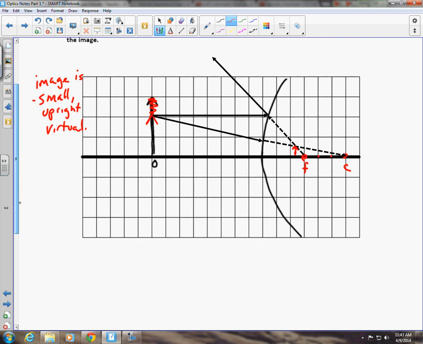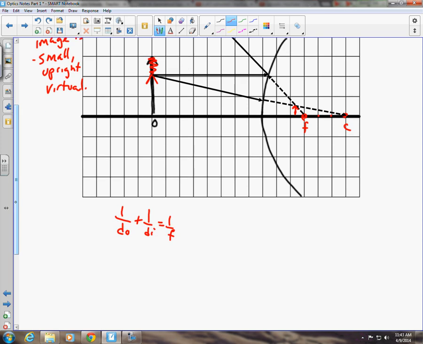For the math, 1 over DO plus 1 over DI equals 1 over F. 1 over 8 plus 1 over DI equals 1 over F, and remember it's -3 for the focus because the focus is on the back side of the mirror for a diverging mirror. So 1 over DI equals -1/3 minus 1/8.